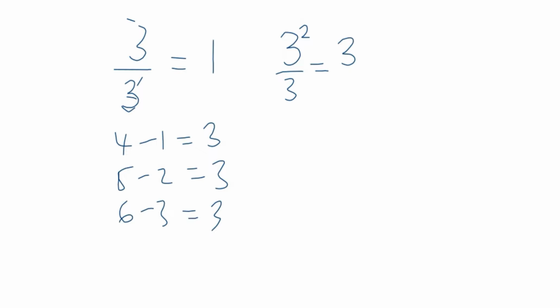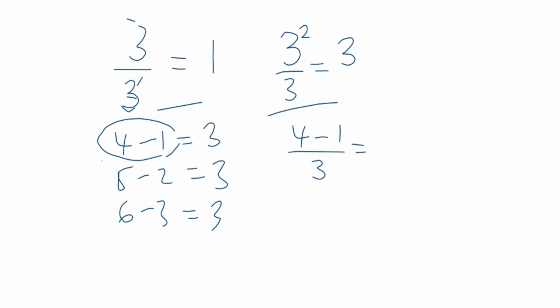So that means that for any value of 3 that we express in this form and divide by 3, it should be the same result as what we have here. So 4 minus 1 on 3 should be equal to 1. The same way, when we square everything, then we should be getting 3.